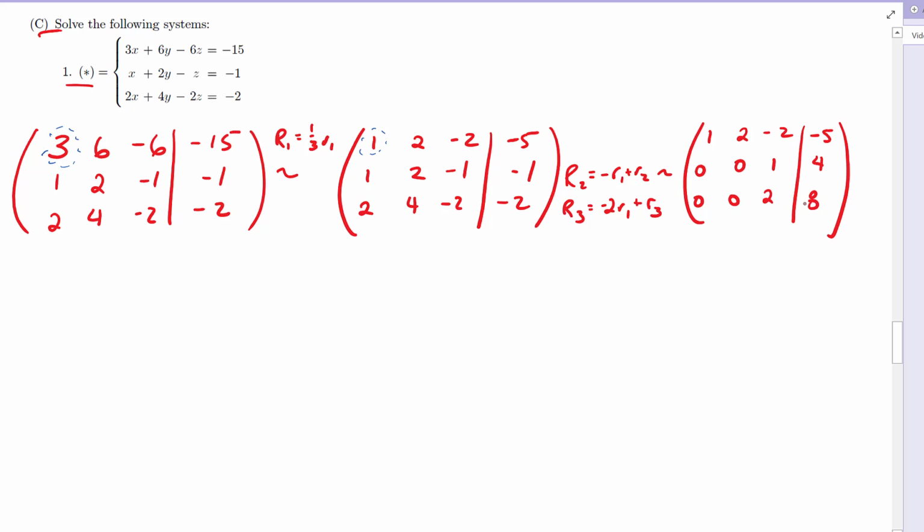Now, normally where do we look for our next pivot column? For our next pivot column, we first try the next column immediately to the right of our previous pivot column, and we look for there to be a row with non-zero entries in what could be that pivot column.